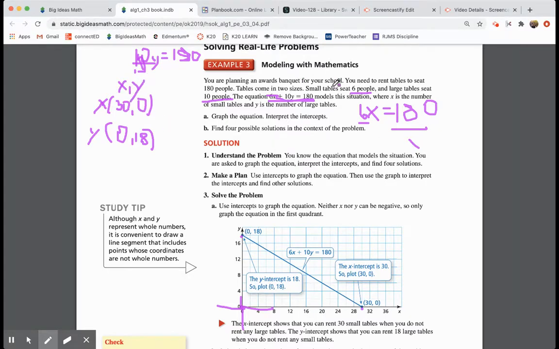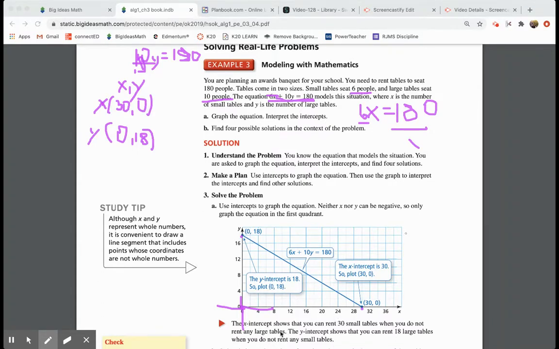So what that means in this problem, they told me x is the number of small tables, y is the number of large tables. Okay, so what it means by interpret that, let me see if I can move this. It shows right here, the x-intercept shows you that you can rent 30 small tables when you do not rent any large tables.